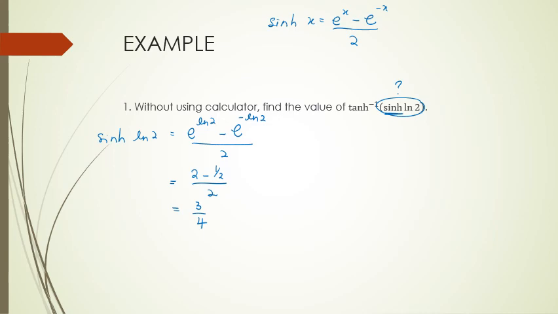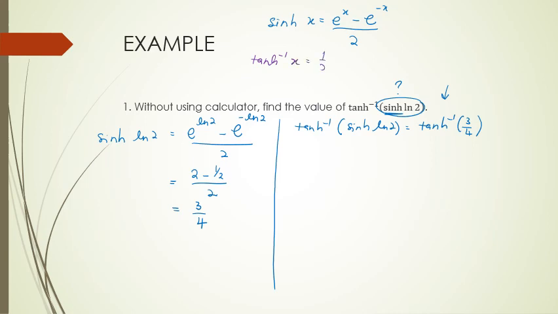Now substitute into our tangent hyperbolic inverse. Tangent hyperbolic inverse of sine hyperbolic ln 2 is equal to tangent hyperbolic inverse of 3 over 4. Next we use the definition of tangent hyperbolic inverse: tangent hyperbolic inverse x equals 1 over 2 ln of 1 plus x over 1 minus x.